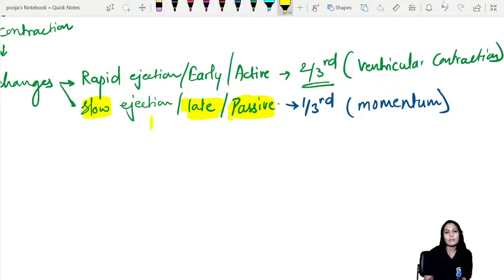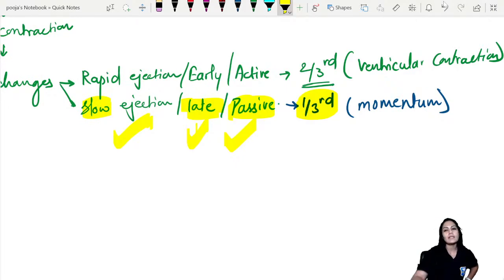That is your slow ejection, late ejection, and passive ejection. These three mean the same: whatever 1/3 amount of the blood goes in the late phase of the ejection is called slow ejection, late ejection, and passive ejection.